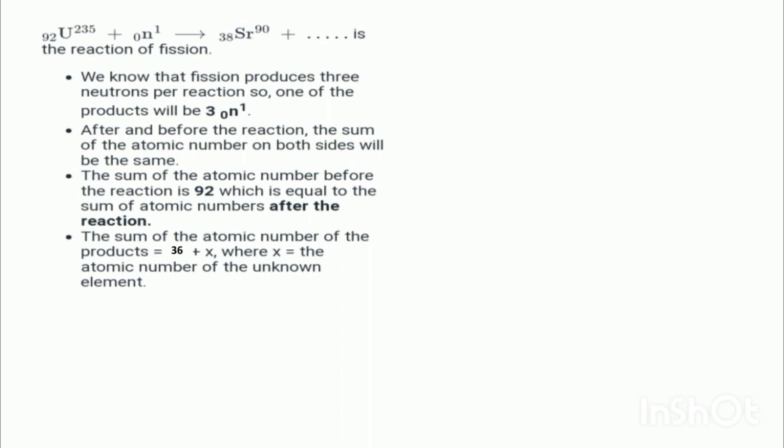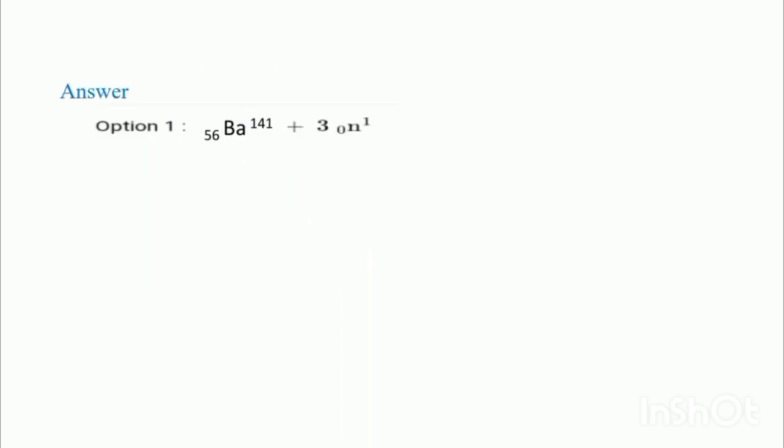The net equation is 36 plus X is equal to 92, where X is equal to 56. Hence, the element produced has atomic number 56, which is barium. The ultimate products are thus barium-141 (atomic number 56) and 3 neutrons. Hence, option 1 is correct.